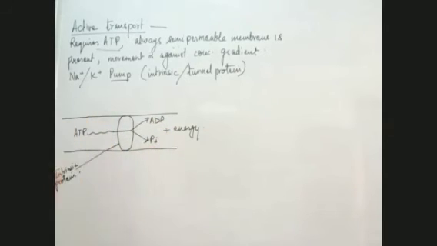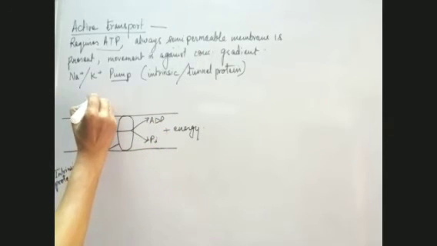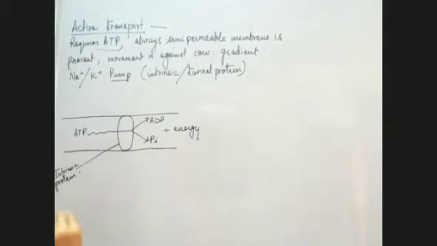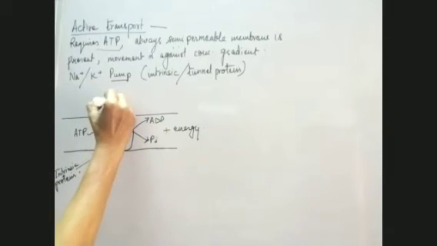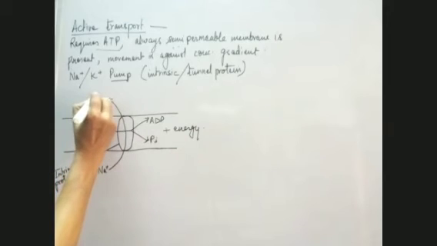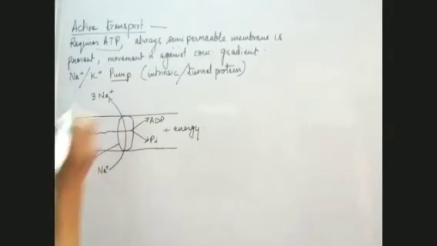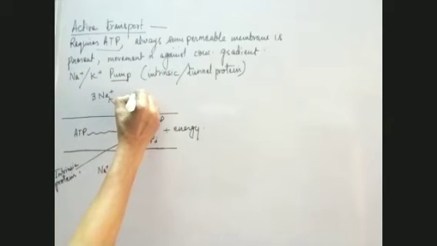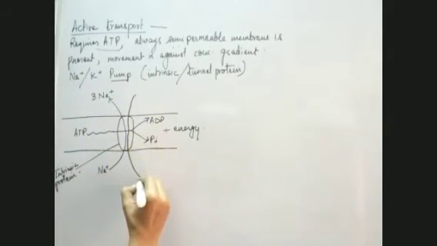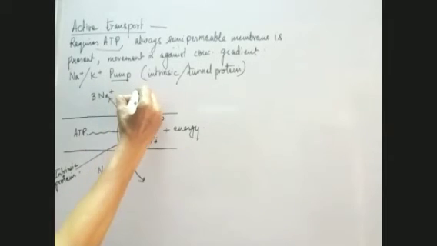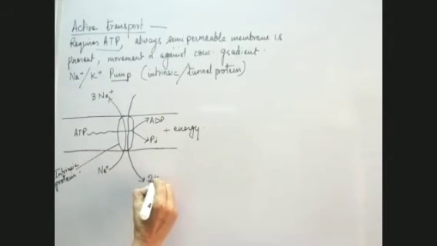is used in transporting the sodium from inside to outside. Sodium from inside is transported outside. Three sodium at one time are transported outside, and in turn 2 potassium from outside are taken inside the cell.